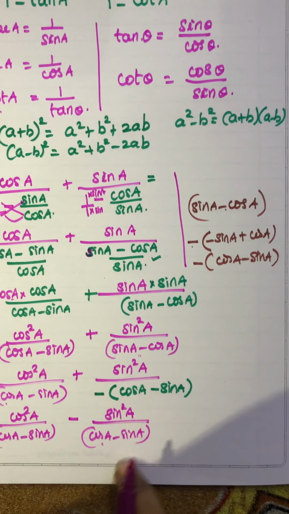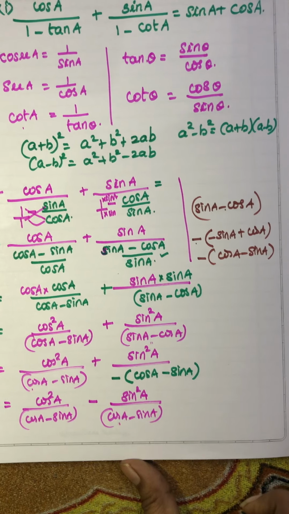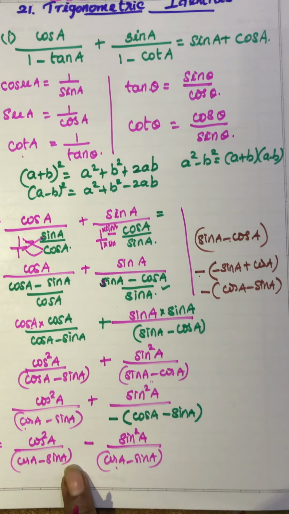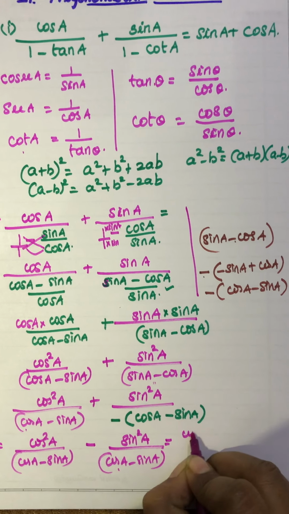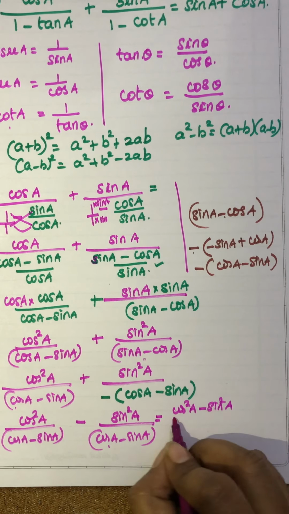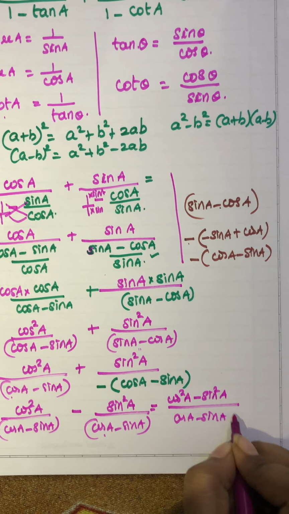Yes. Now see, the denominators are equal, because we changed the denominator by taking the minus outside. So now you can write cos square A minus sin square A by cos A minus sin A.